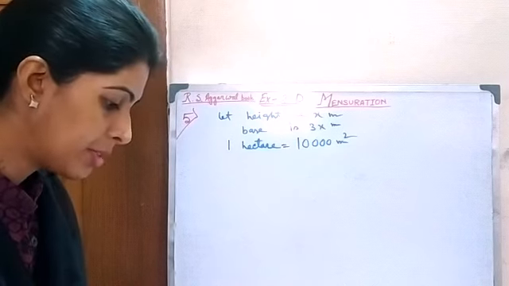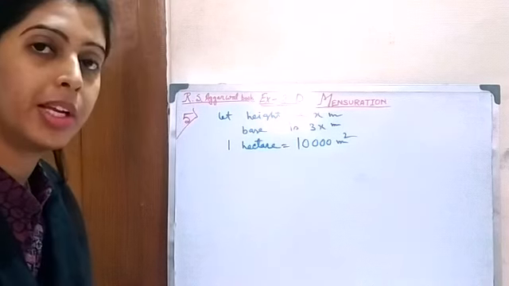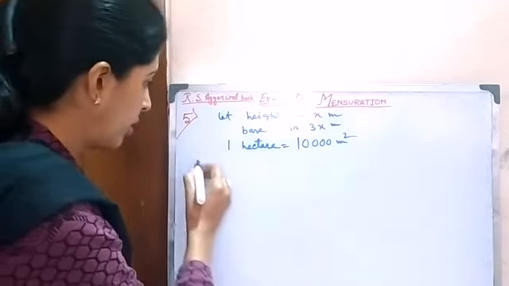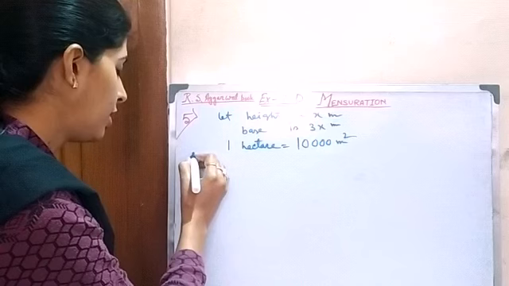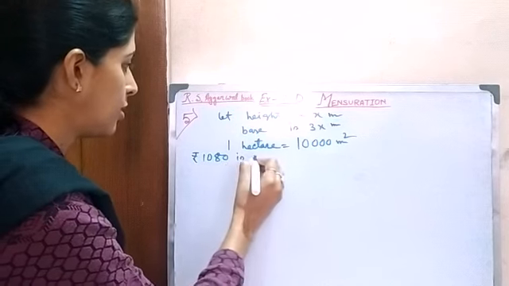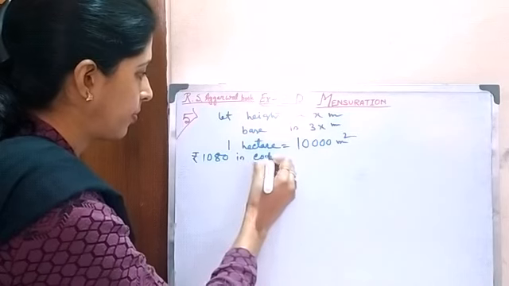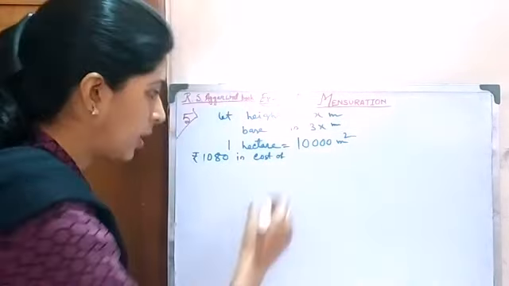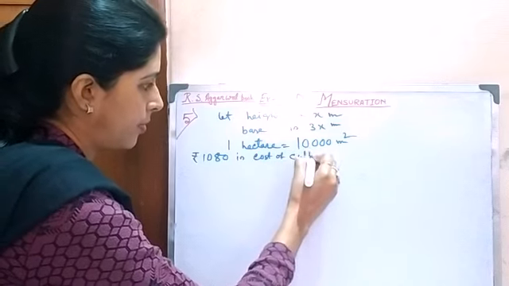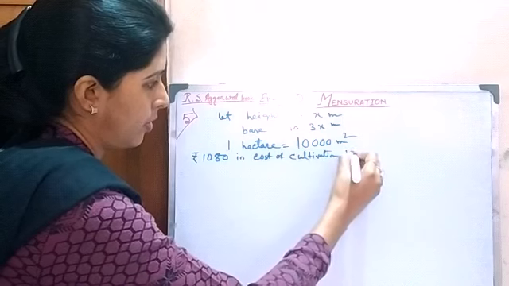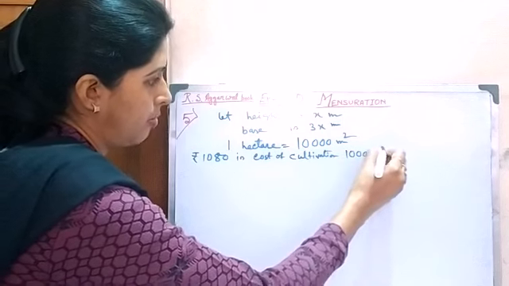Total expenditure is 14,580. So let's calculate it. By the unitary method, rupees 1080 is the cost of cultivation of 10,000 meter square.